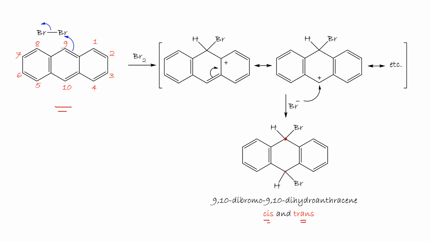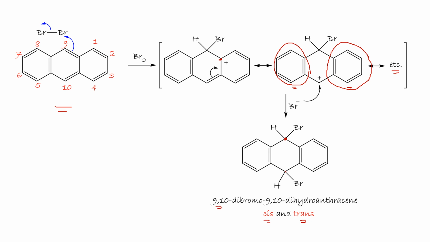Remember that according to this simple mechanism here, you are creating a carbocation which is delocalized all around the conjugated system. So you have several other resonance structures. That is the most stable, where you have a complete benzenoid ring. Then you end up with 9,10-dibromo.